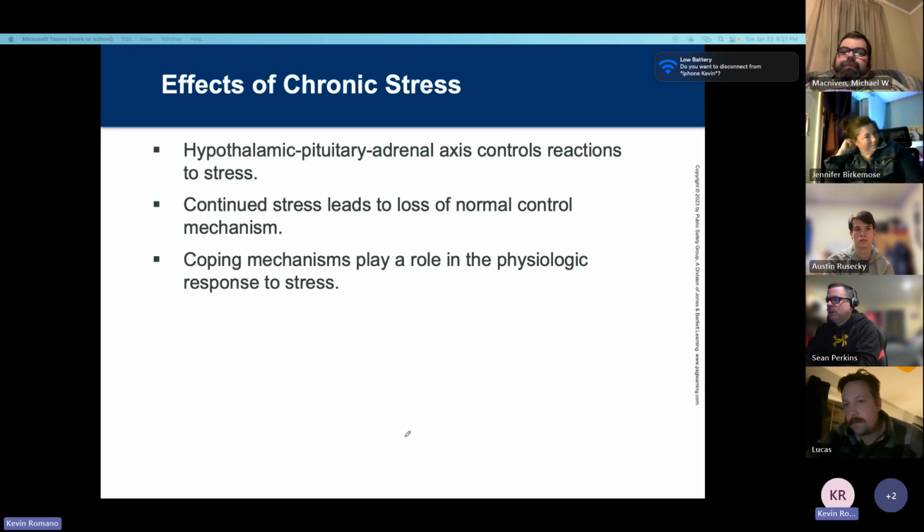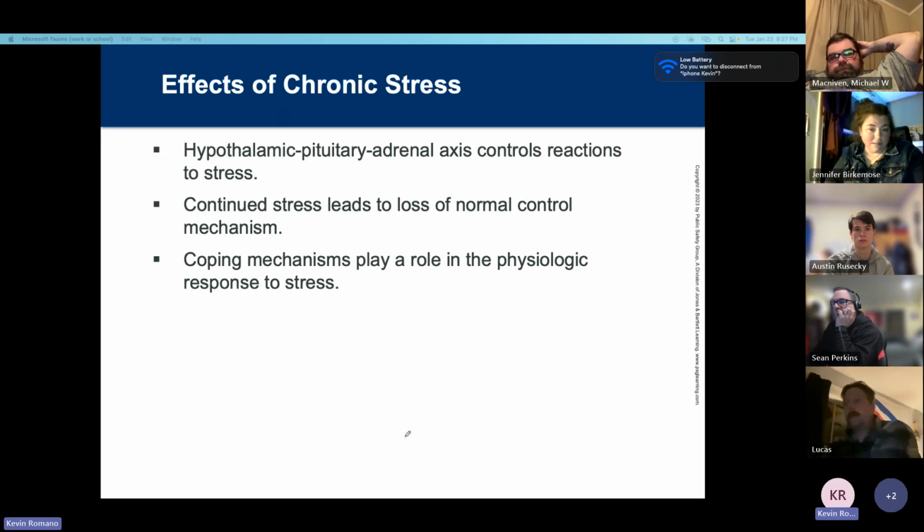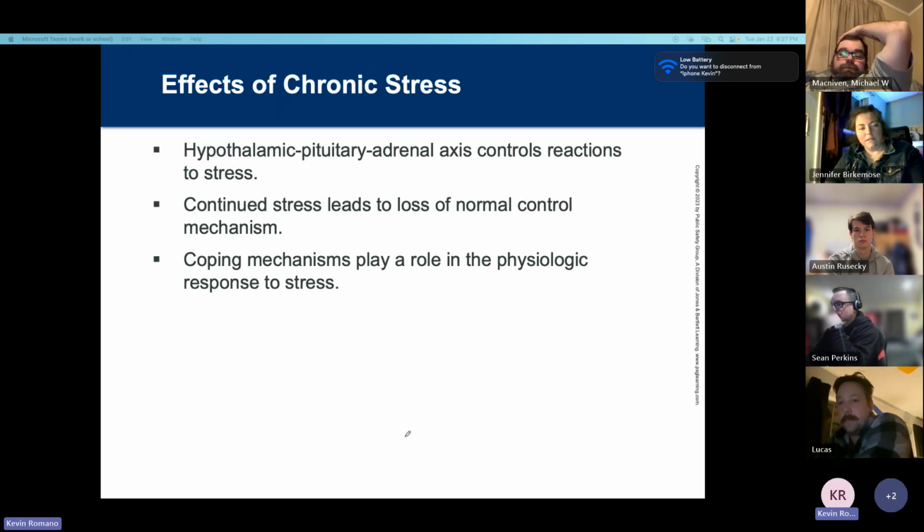And to finish up here, on the effects of chronic stress: the hypothalamic pituitary adrenal axis controls reactions to stress. Continued stress leads to the loss of normal control mechanisms of the hypothalamic pituitary adrenal axis. Adrenals continue to produce cortisol, which exhausts the stress mechanism, leading to fatigue and depression that interferes with serotonin activity.